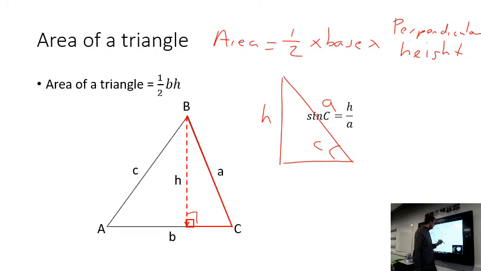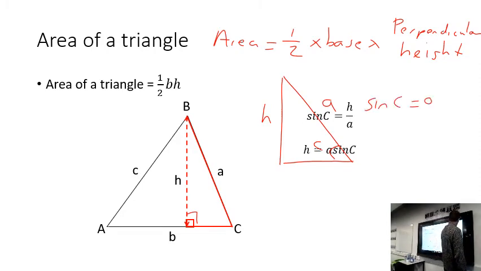And that's going to be sine. So sine C is equal to opposite over hypotenuse.